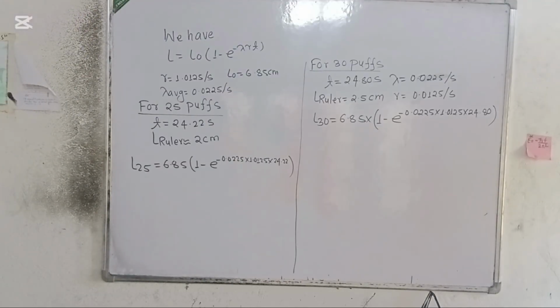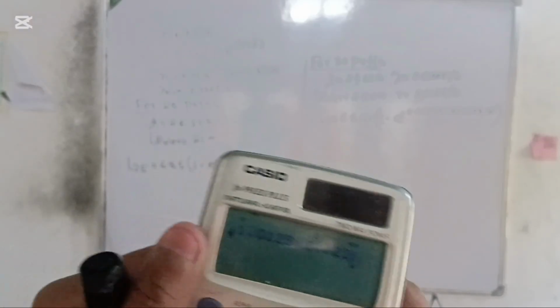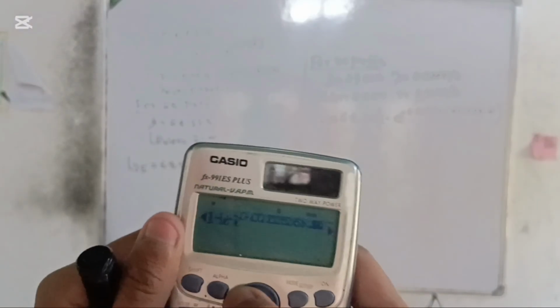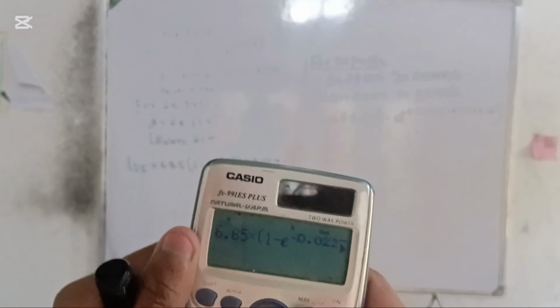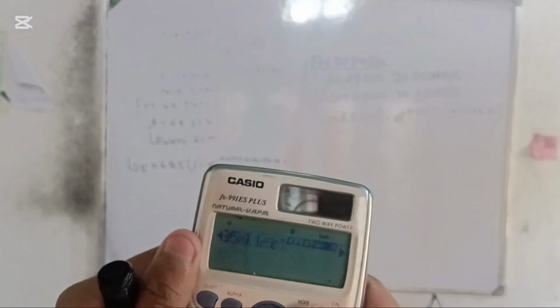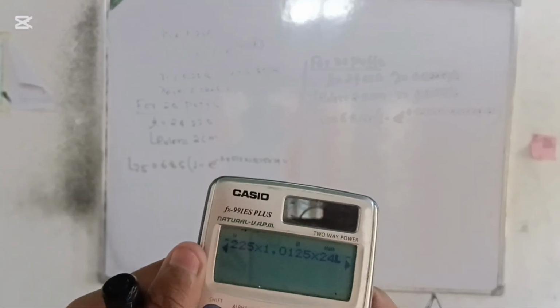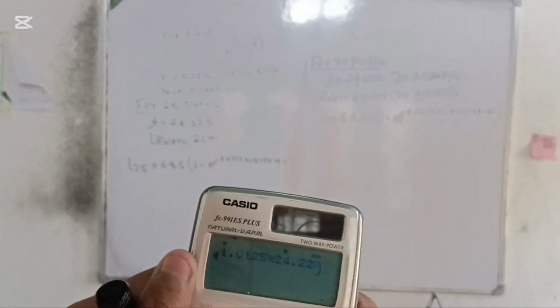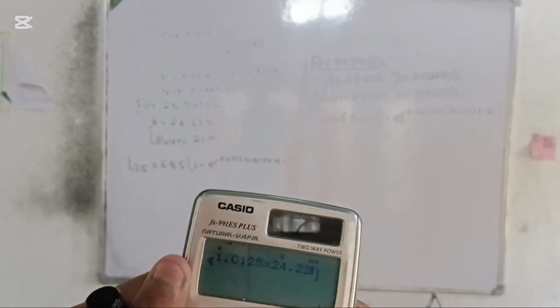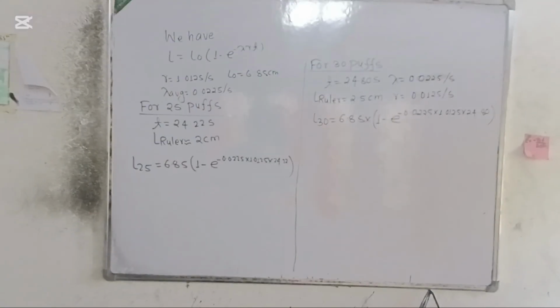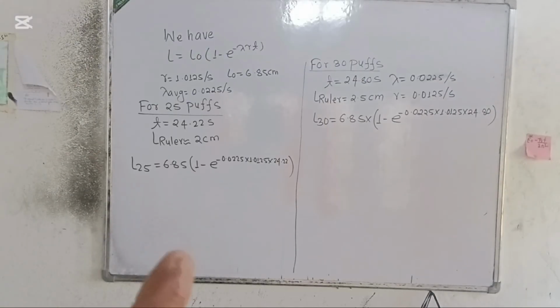So you can actually see from here, this is my result, that is 6.85 into 1 minus exponential negative 0.0225 into 1.0125 into 24.22 seconds. And the length we had predicted from the ruler is 2 centimeters.